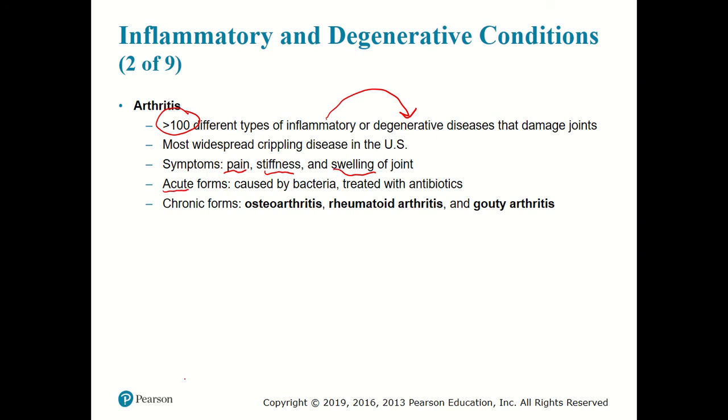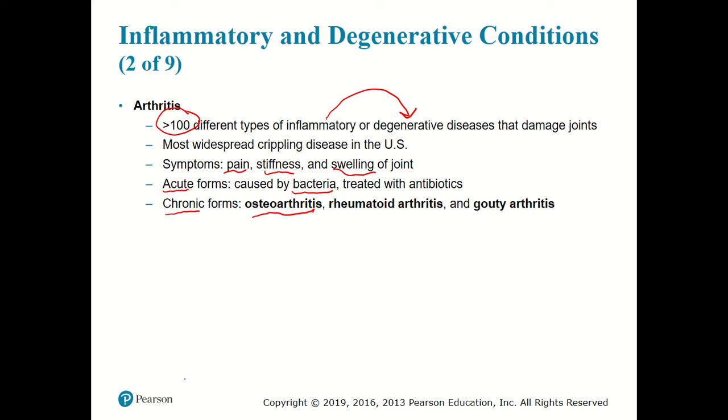In acute forms, short term, there is very rapid onset of arthritis, and then the rapid relieving of arthritis. It's usually caused by bacterial infections, which can actually cause acute arthritis. And then the chronic ones are the ones we have to really be careful with.